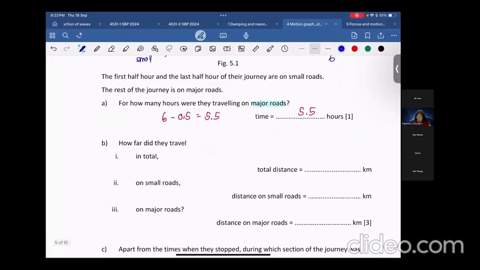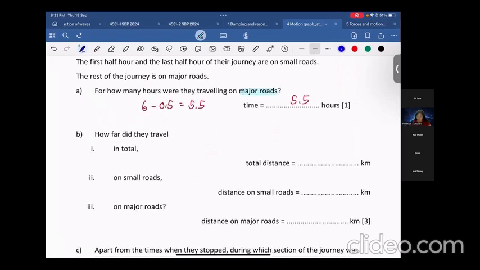Here, how far did they travel? Boys and girls, how far did they travel in total? Megan, do you get it? How do we get the 5.5? Okay, good job. Hui Tong correct for the first answer.